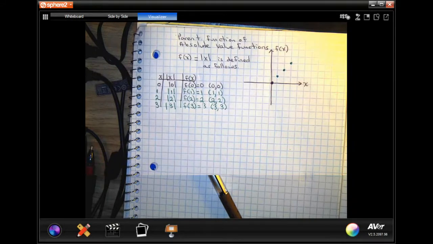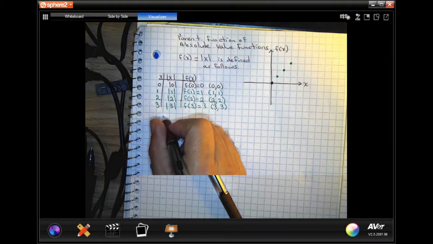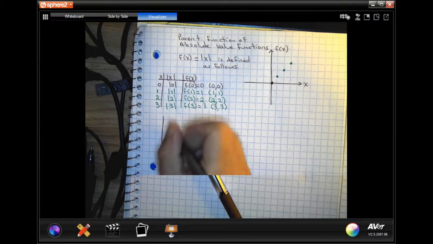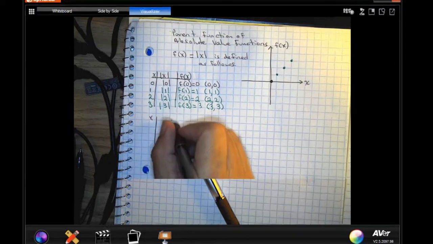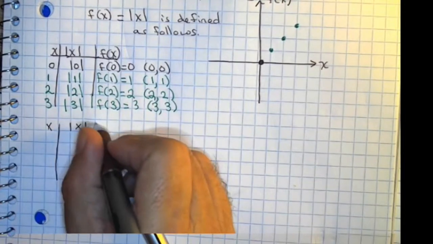Now let's look at the negative values. I'm going to create another graph with the negative values for the absolute value of x.